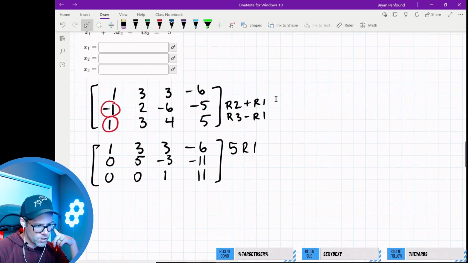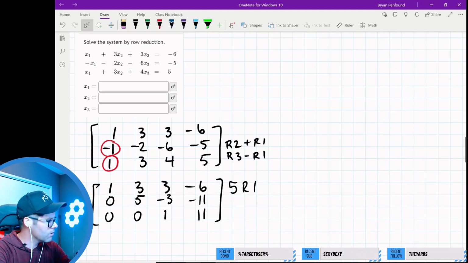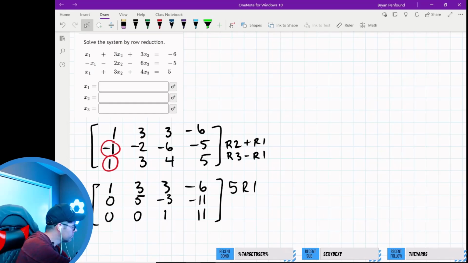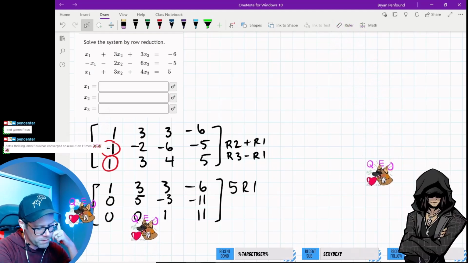Wrong sign on the 2. Oh, the -2, so the one right here. Thank you for the catch, Omni.